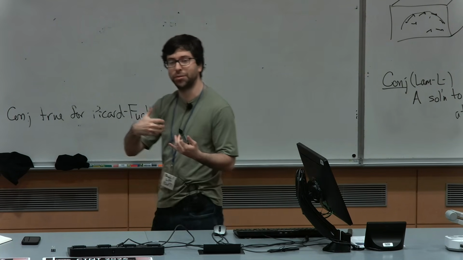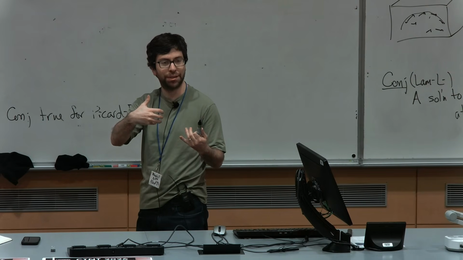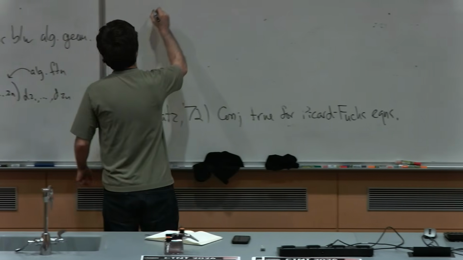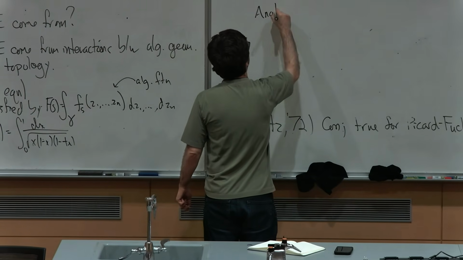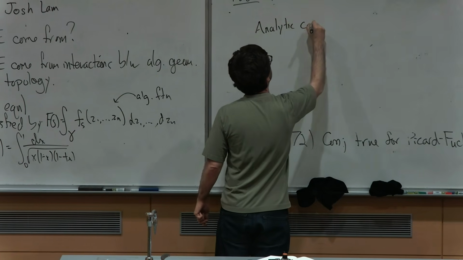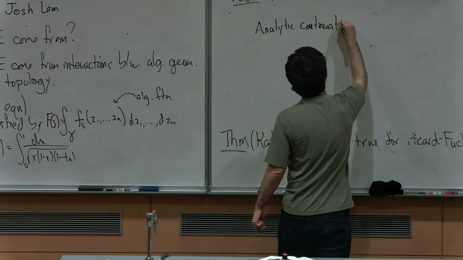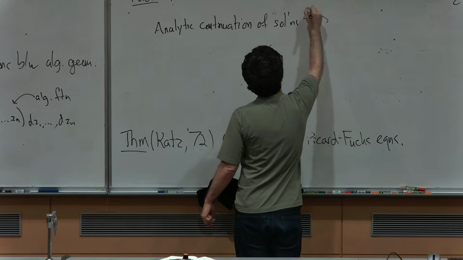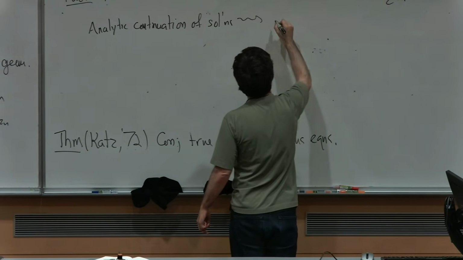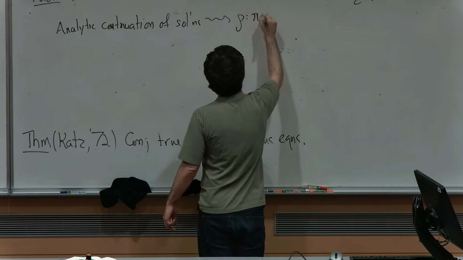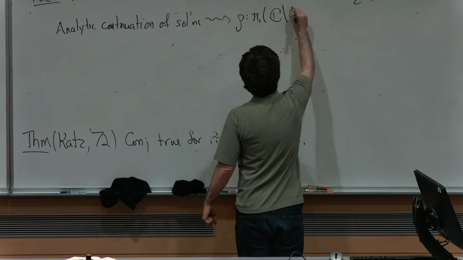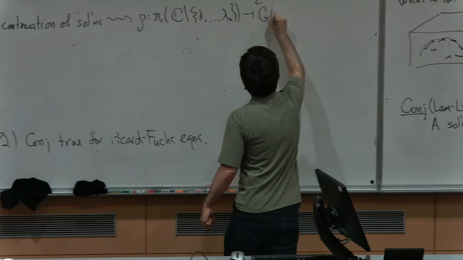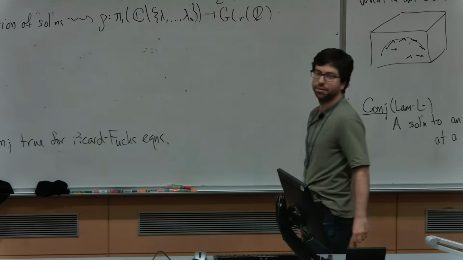And so what that means is I've associated to each loop in my parameter space a change of basis matrix. So what we've said is that analytic continuation of solutions yields the following. It yields a representation from pi 1 of C minus these points lambda 1 through lambda n to, well, the set of invertible matrices.